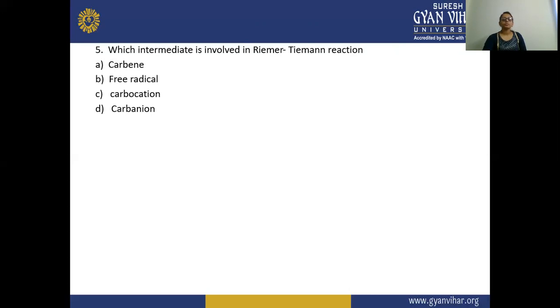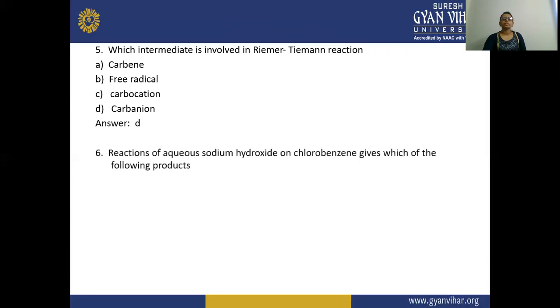The chloroform is transformed to the carbanion, carbon having the negative charge. The sixth question is: the reaction of aqueous hydroxide with chlorobenzene gives which of the following products? Ortho-chlorophenol, para-chlorophenol, phenol, or no reaction. So the answer is C, phenol.